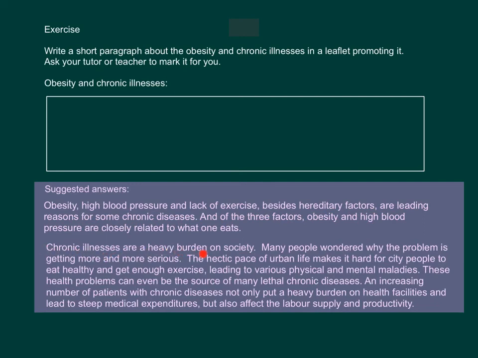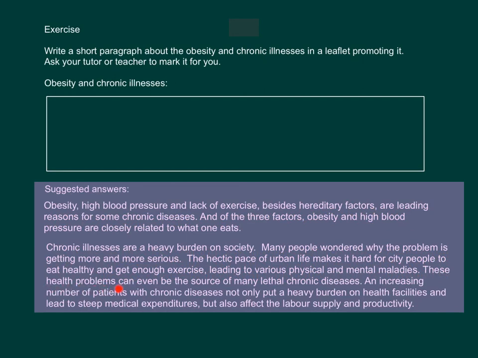Chronic illnesses are a heavy burden on society. Many people wondered why the problem is getting more and more serious. The hectic pace of urban life makes it hard for city people to eat healthy and get enough exercise, leading to the various physical and mental maladies.